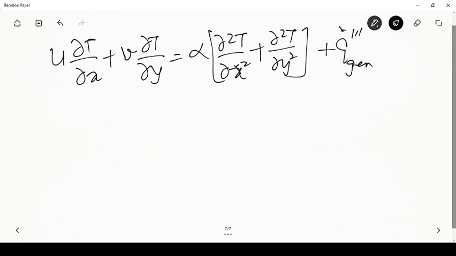Now in the case of a boundary layer flow, this term is absent, so I can leave it out, because there is no heat generation defined in the problem.